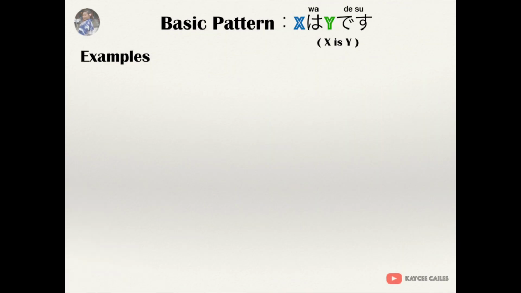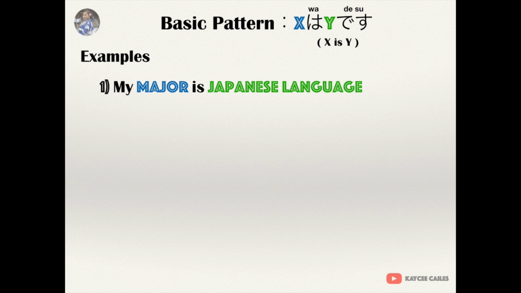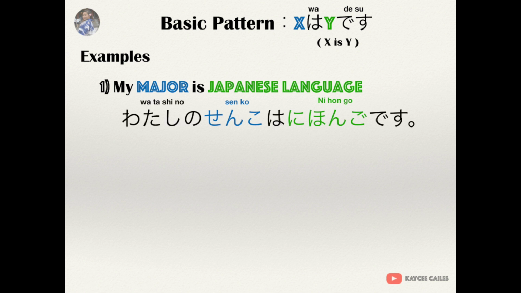Another examples are, first, my major is Japanese language. Here, our topic is major, which in Japanese is senko, while our comment is Japanese language or Nihongo. And to make it a sentence, we have Watashi no senko wa Nihongo desu. My major is Japanese language.